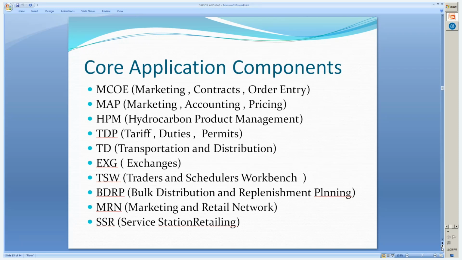Now, HPM happens to be a proprietary application within the oil and gas downstream. It's called hydrocarbon product management. Essentially, oil and gas products are hydrocarbon products. Now, inventory management and delivery involve certain quantities, but these quantities will vary according to temperature and pressure.